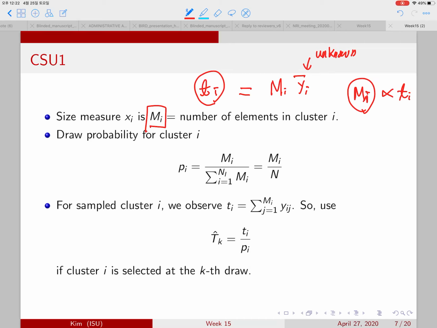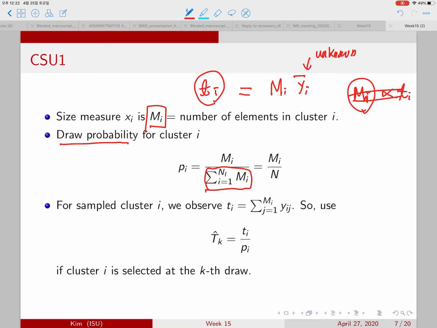So anyway, M_i is a good choice of the size measure for PPS sampling, and then we compute the draw probability of each cluster using the M_i information.